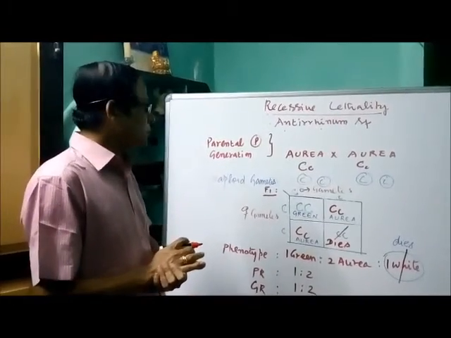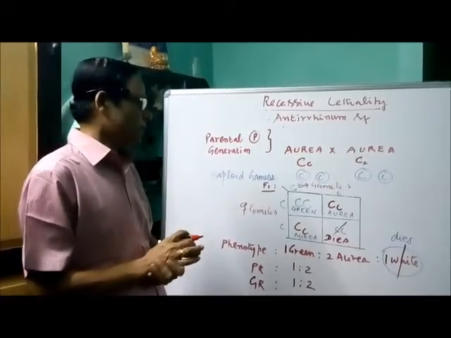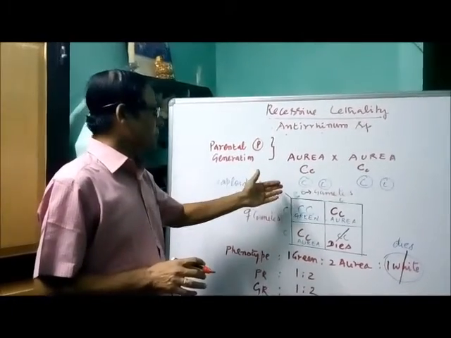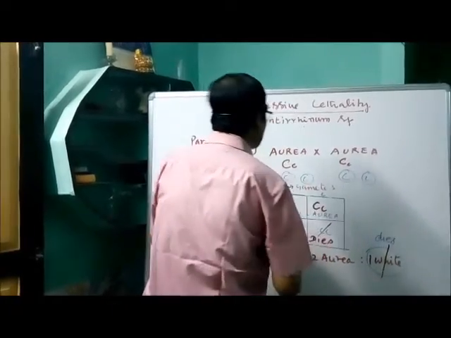When these two individuals are self-crossed, both produce gametes, 50% with capital C and 50% with small c.